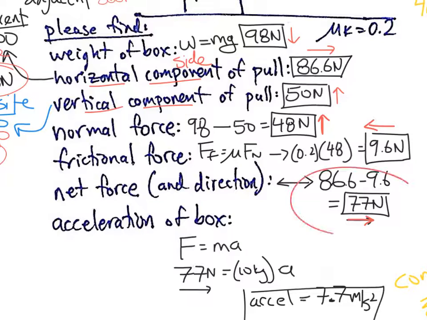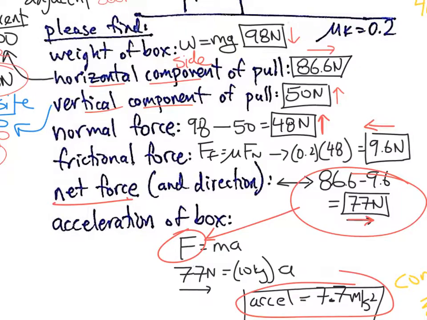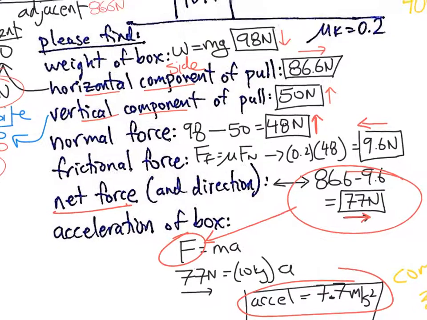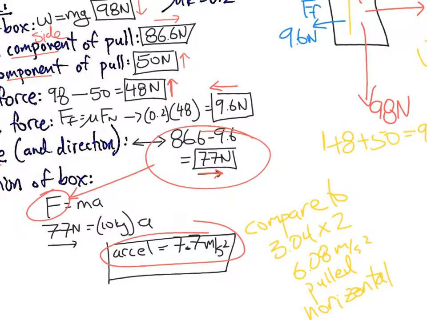So the net force is what goes towards calculating acceleration in Newton's second law. 77 equals 10 times a, and so we have an acceleration of 7.7 meters per second squared.